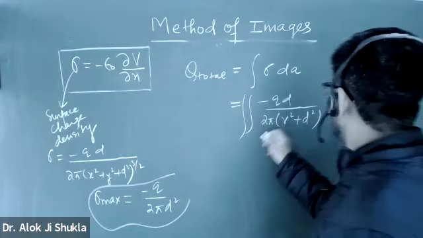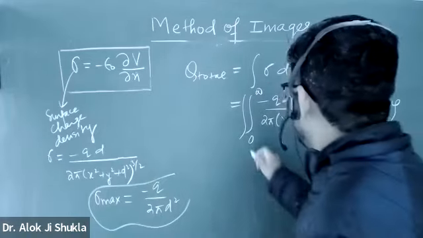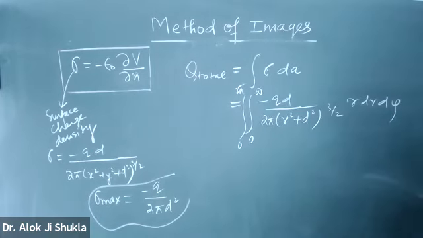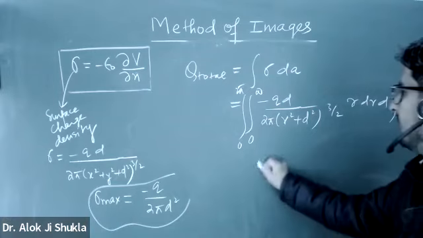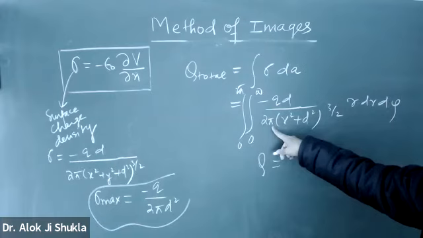One integral is from 0 to infinity because the surface was infinite. One integral is from 0 to 2 pi. So this will become 2 pi, it will cancel.